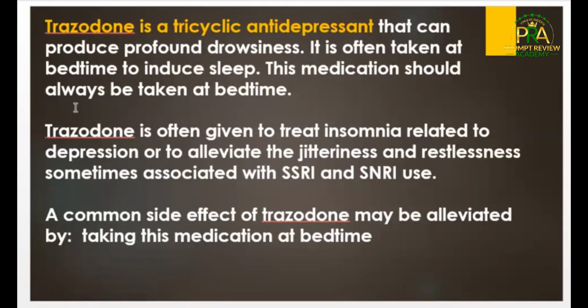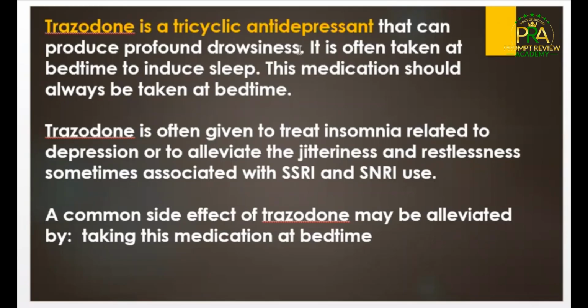Trazodone is a tricyclic antidepressant that can produce profound drowsiness. It is often taken at bedtime to induce sleep. So that is the answer. When should you take it? This medication should always be taken at bedtime because of what?